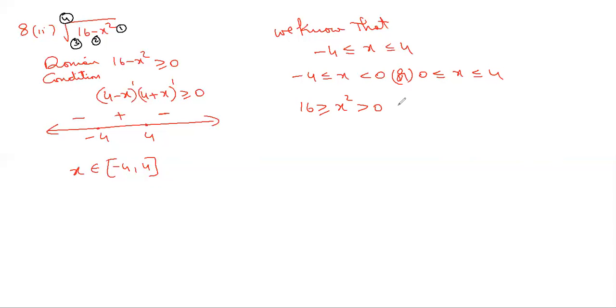Here also, if you square on both sides, you get x squared less than or equal to 16. This is a subset of it, so instead of writing two conditions, you can write one condition: 0 is less than or equal to x squared is less than or equal to 16, as a conclusion. Basically, the union of these two.